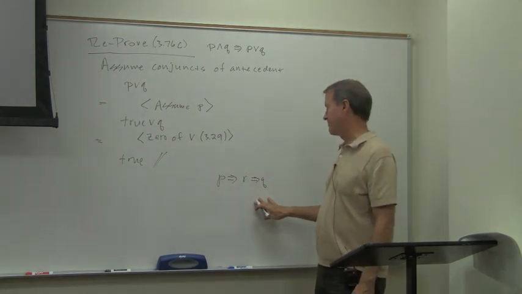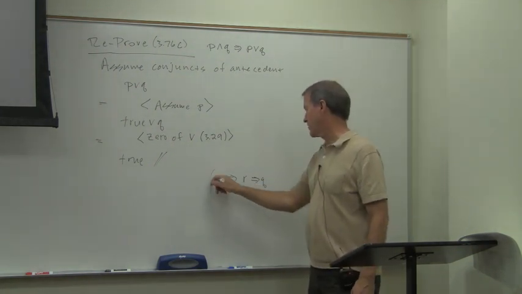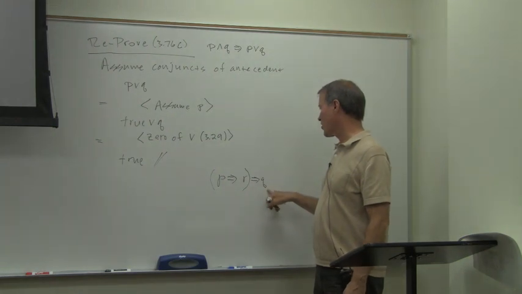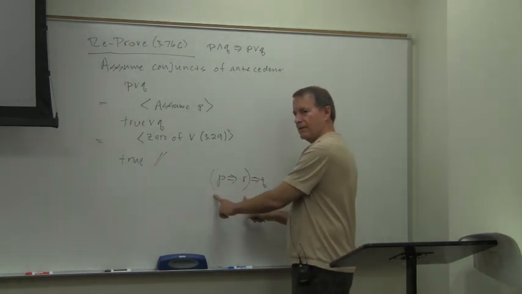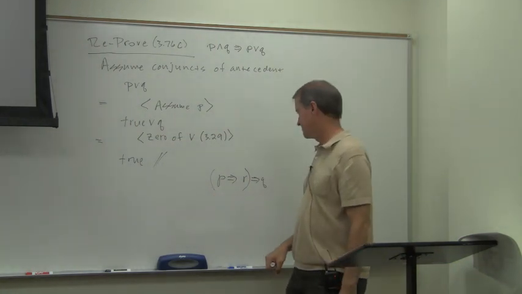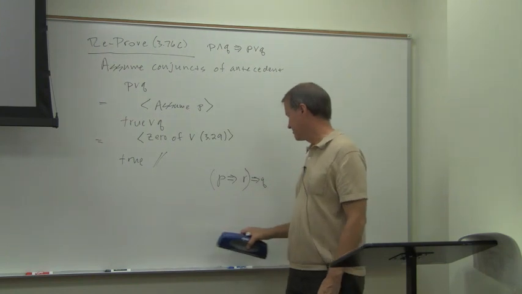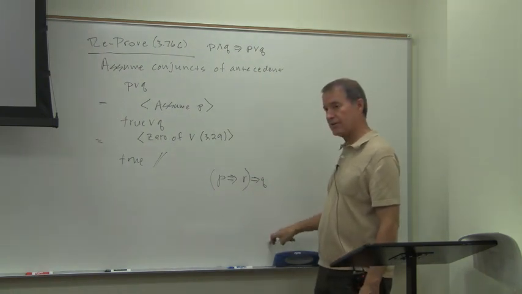The parentheses would be around the P implies R. Then you would start with Q, and we can assume that as one conjunct, yeah. But you would start with Q and you'd get it to true.